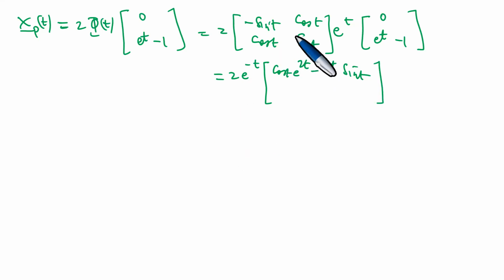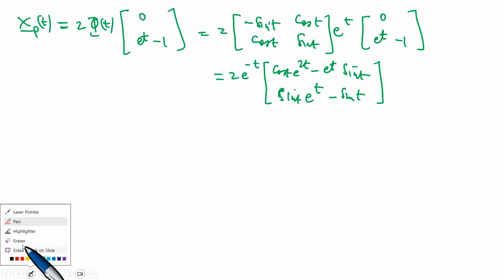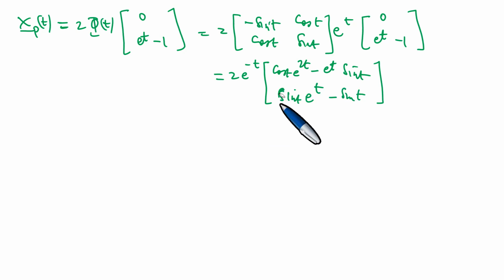So you multiply this here. Multiply these with that, and multiply these with that. This is going to become 0 sine t. So you have this.